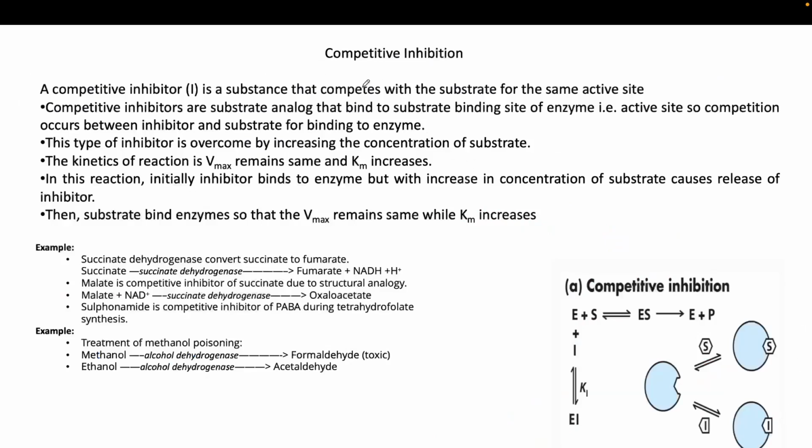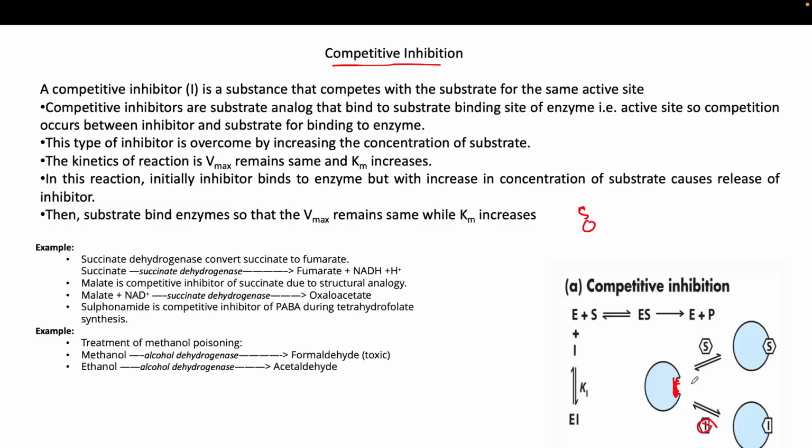Now the inhibition part. First one is competitive inhibition. Competitive means when two things are competing for the same site for binding. Suppose this is the substrate. In this diagram, there is only a single place in the enzyme, and the substrate as well as the inhibitor are both competing for this site for binding.